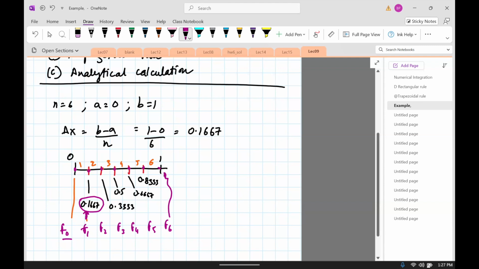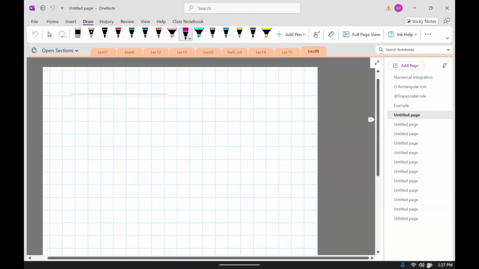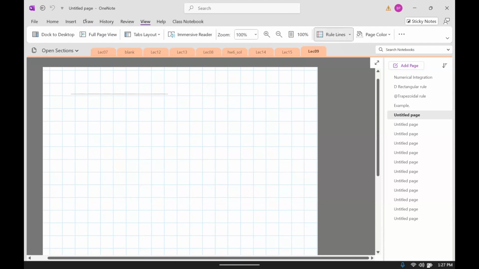This would be 1, and this will be 0.5. So the best way to do this is probably a table.